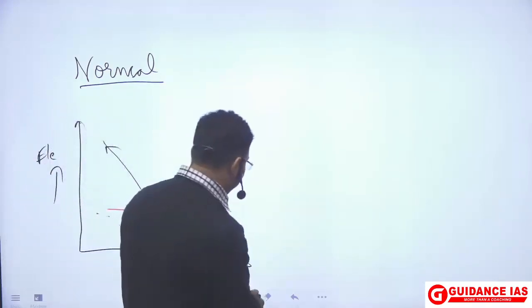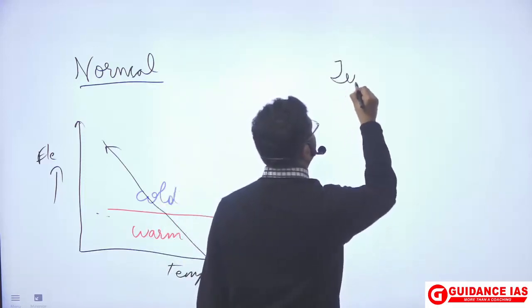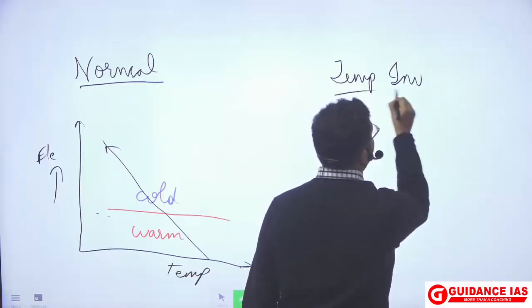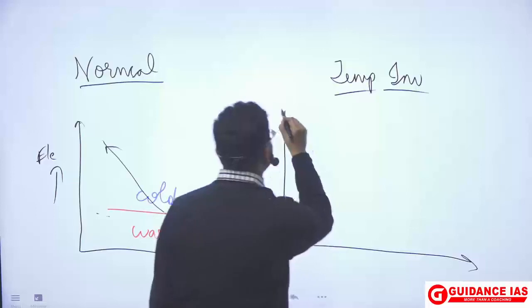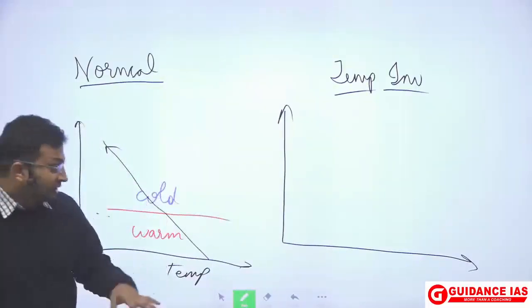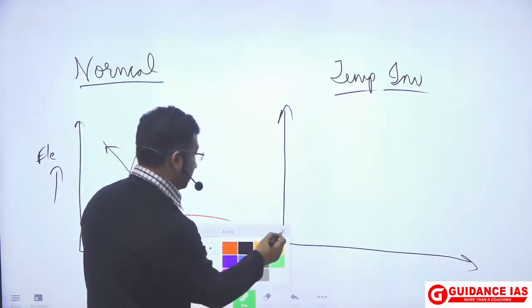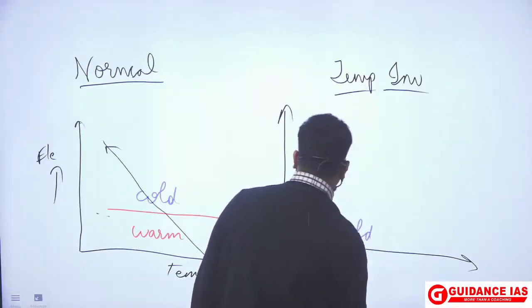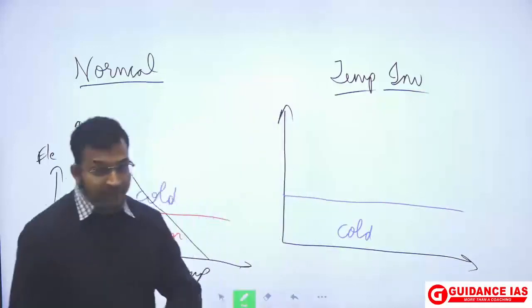But in case of temperature inversion, this is temperature, this is elevation. In case of temperature inversion, what happens is there is cold air mass present along the ground surface. It happens in particular seasons only.